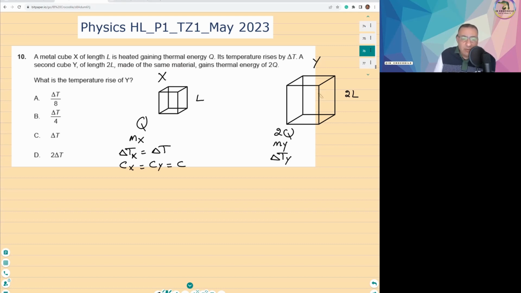So now let's lay out what we have so far.